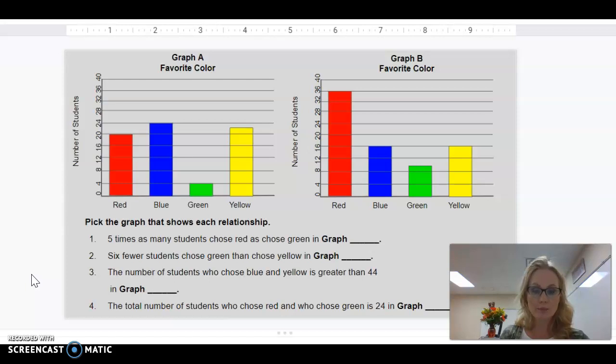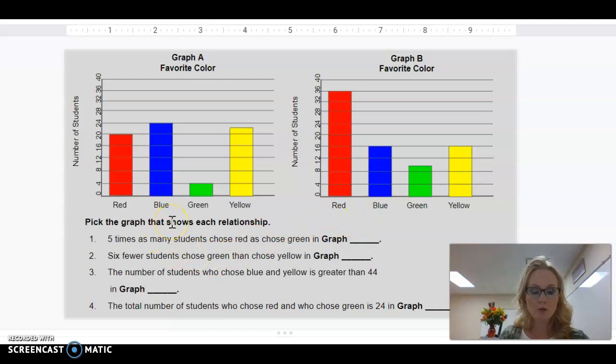So I need to look at both graphs and see how many choose red as compared to green. I need to look at both of these graphs to figure out which one of these graphs is the correct answer.